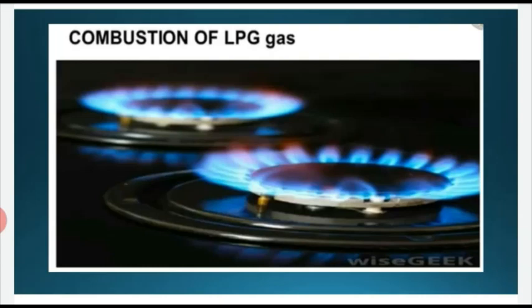LPG means liquefied petroleum gas. So LPG is a mixture of hydrocarbon gases. What are hydrocarbon gases? Propane, butane, propylene, etc. All these hydrocarbons burn with oxygen to form carbon dioxide and water.